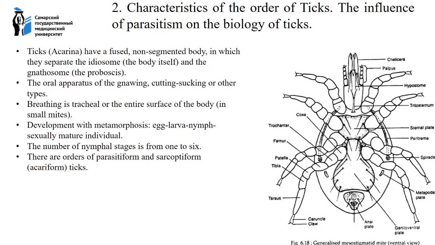Breathing is tracheal, or through the entire surface of the body in small mites. Development with metamorphosis: egg, larva, nymph, sexually mature individual.